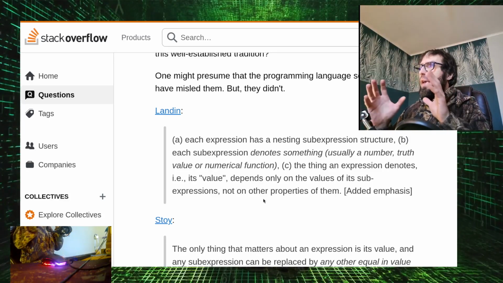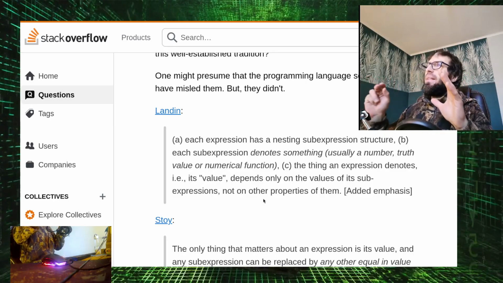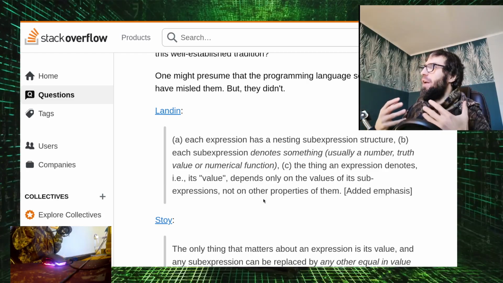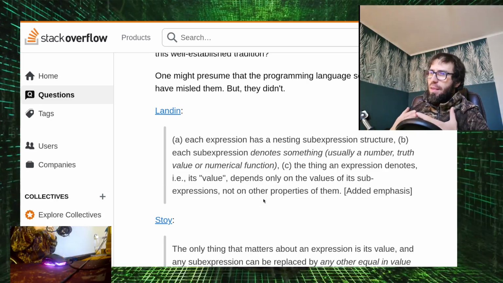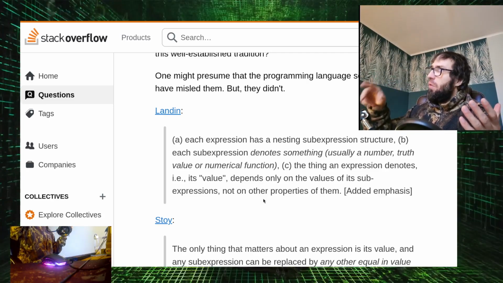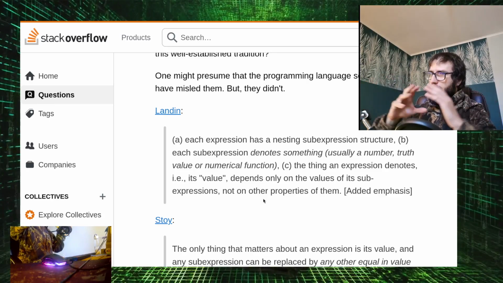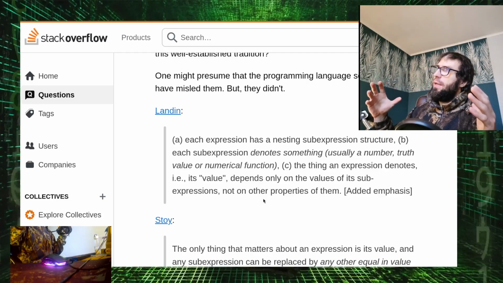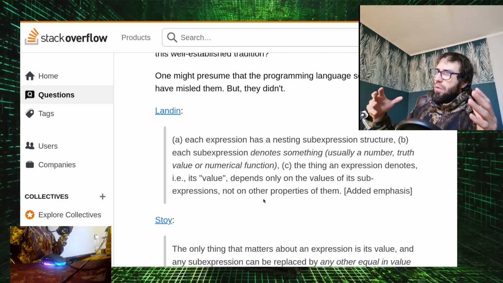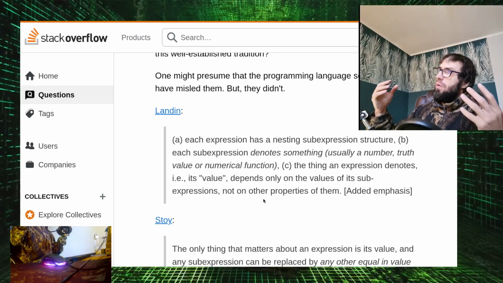So again, the value of the whole expression depends only on the values of its sub-expressions. In this way, the form or name doesn't matter. We can replace all the possible names of the same thing, and because the semantics of the whole thing doesn't depend on the names of the sub-things, we will get the same semantics.